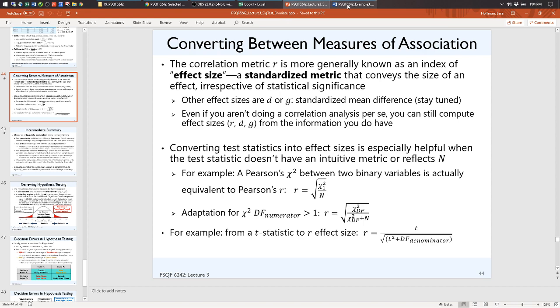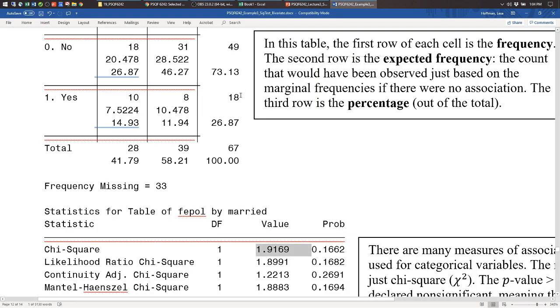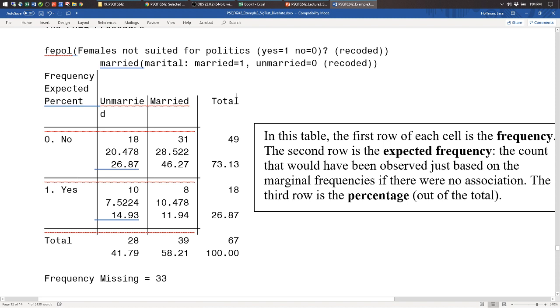If you don't want to do the math yourself, can you guess how you would get an R out of this chi-square table? Don't think too hard. How did we get a correlation before? No hand calculations.